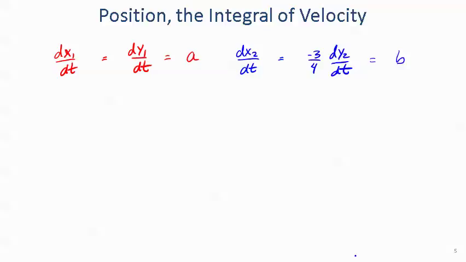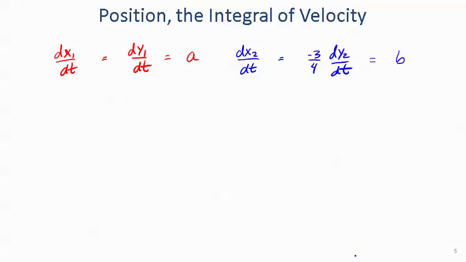And now what we can do is integrate these back to get our position information again. So we can integrate these velocity equations up to position equations. And since we know all the information about the position, like the crossing points and the starting points and the ending points and all of that, we can use that information to help us figure out the relationships between the velocities. So let's do that.